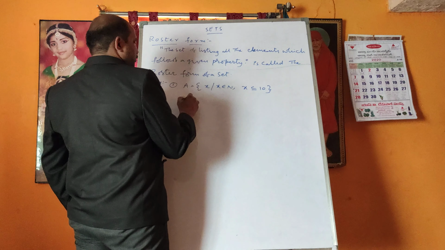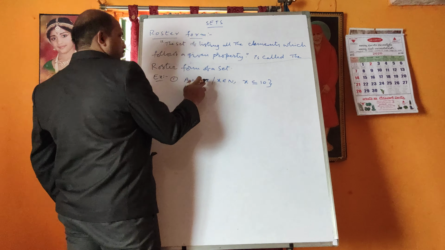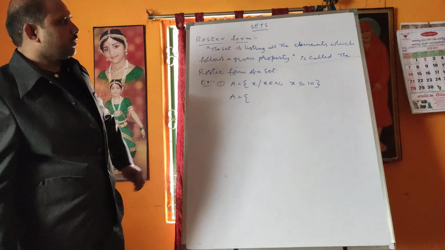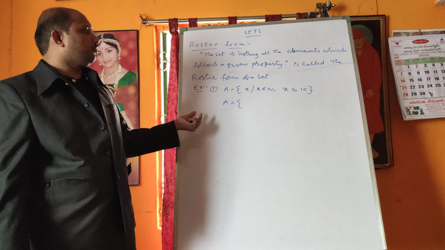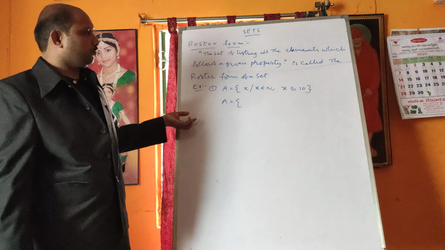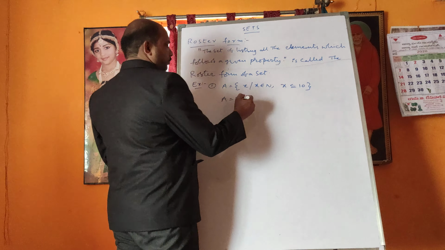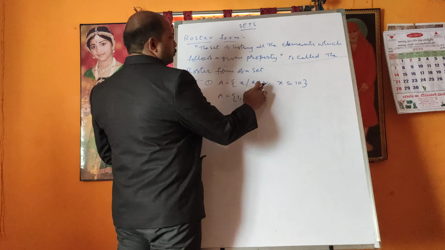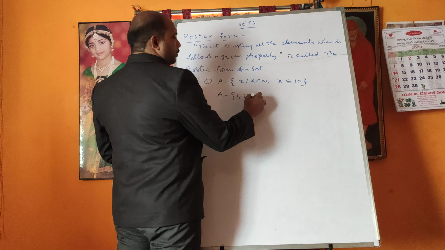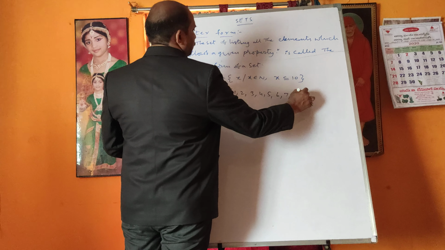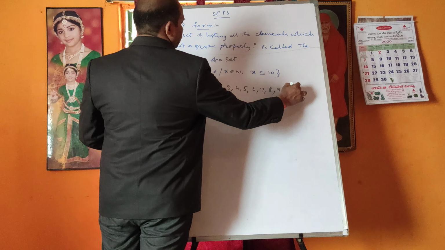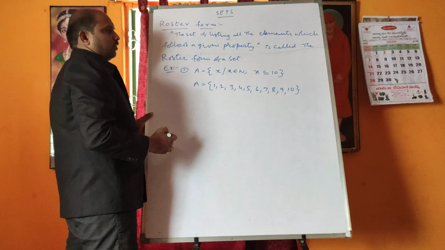The roster form of the above set is: here they gave one formula to form a set, and using that formula we are listing all the possible elements. Natural numbers start from 1, so 1, 2, 3, 4, 5, 6, 7, 8, 9, 10. This is called a roster form or list form.